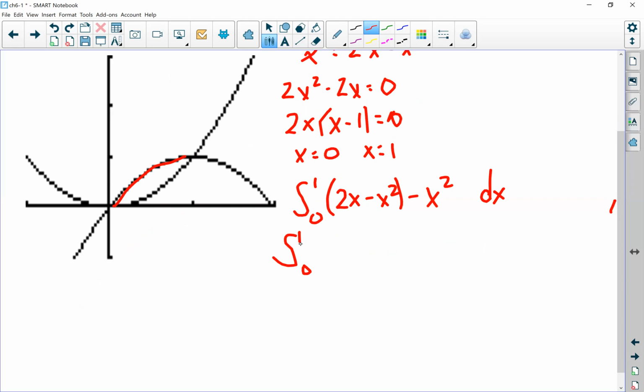We've got that minus x squared minus another x squared. That's minus 2x squared plus 2x.